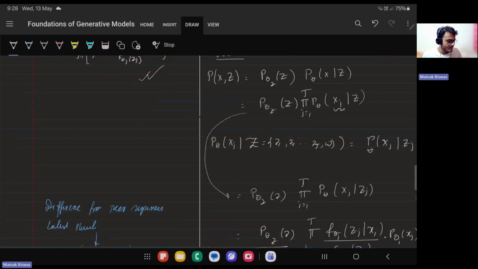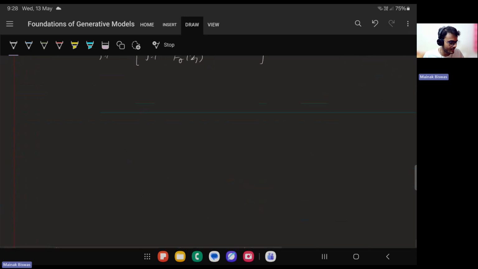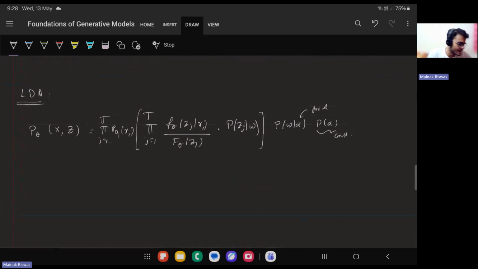Right. So now how will you train this? The M step remains the same. The E step is what I'll show, and the M step is just going to be the KL divergences.